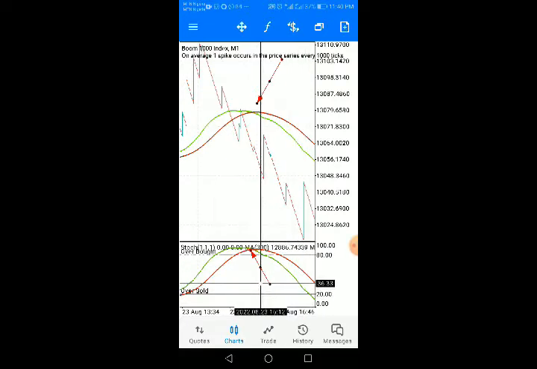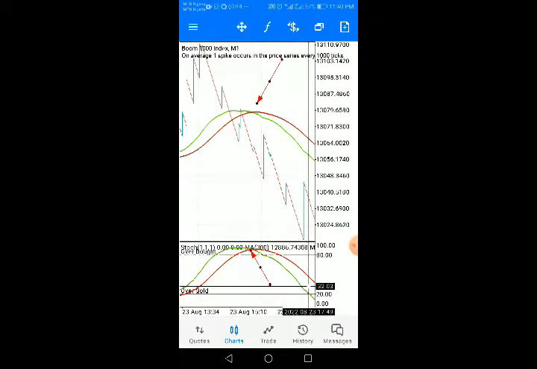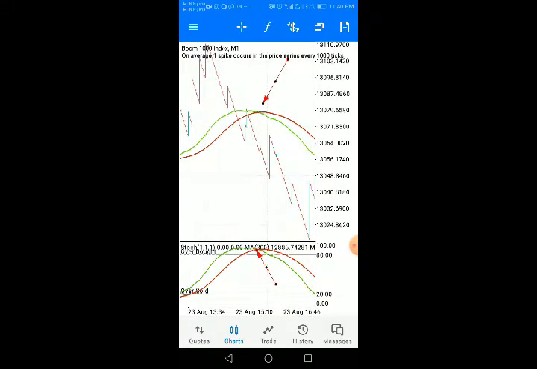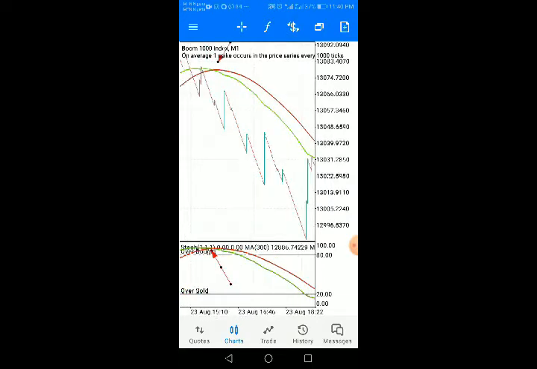You understand? So you enter from this point here, and you exit here. So even in real time, the first time this touches the 20 here, as soon as it touches the 20, you should exit the market.